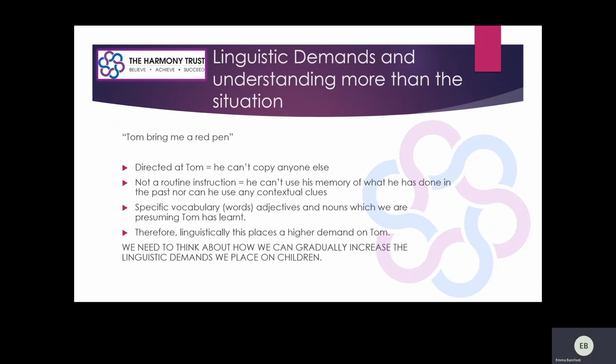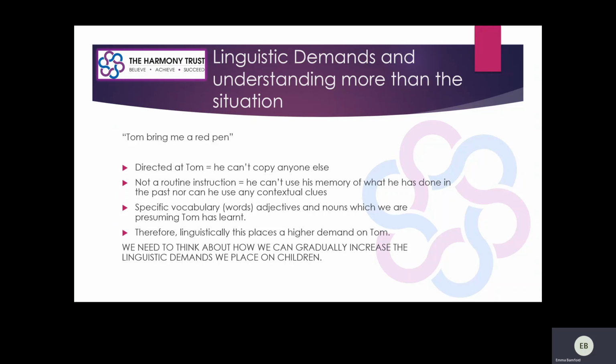So, the instruction, come and sit on the carpet, bring your pen and whiteboard, may use 12 words. However, the child will probably understand this more readily than a shorter instruction, such as, Tom, bring me a red pen.